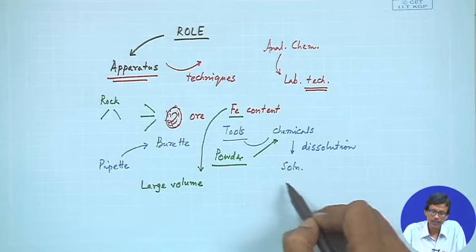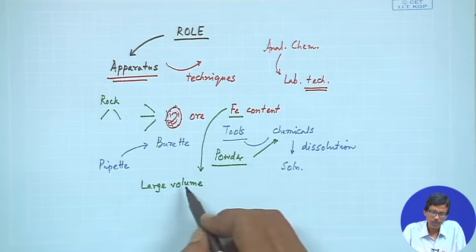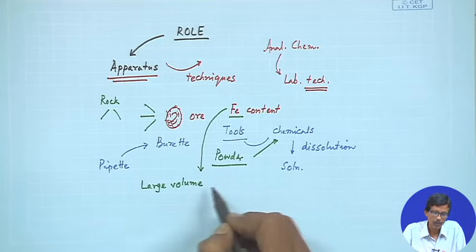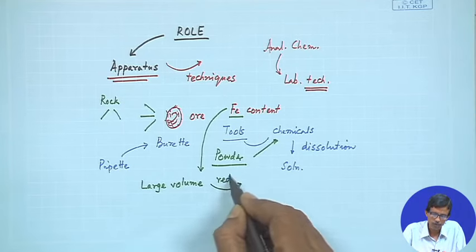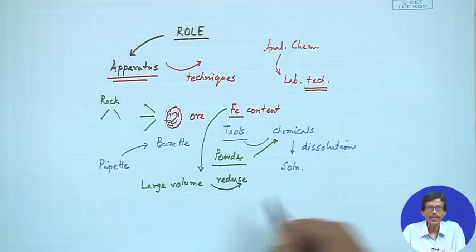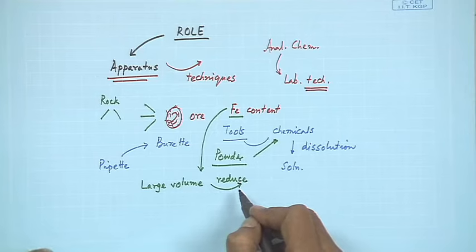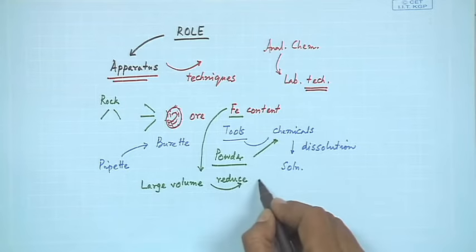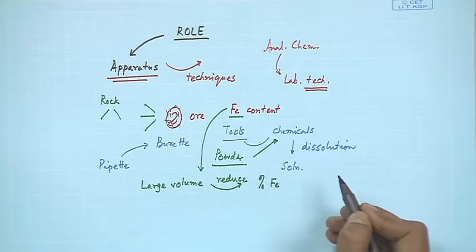After that, if the dissolution process is not so easy and we get a very large volume, immediately we can reduce the volume of any liquid sample. For a liquid sample it is very easy to say that a large volume can be concentrated such that we can increase the concentration, that means the percentage of iron in the solution can be increased.